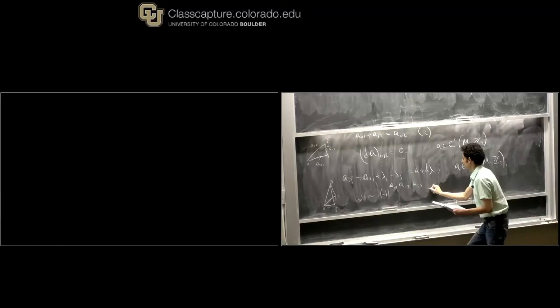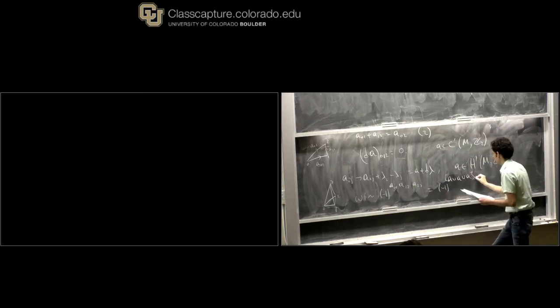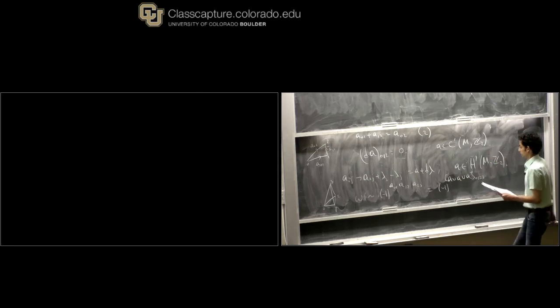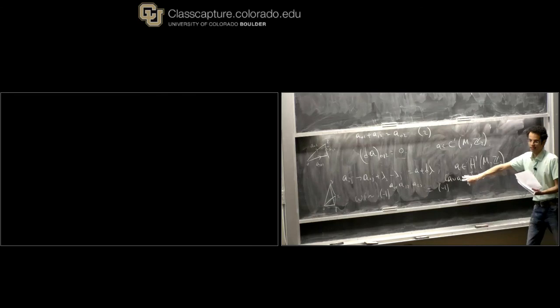But this is just (-1) to the A cup A cup A, where we're using the cup operator from ordinary simplicial cohomology. If you haven't seen cups, they are more like wedges, but for discrete things.